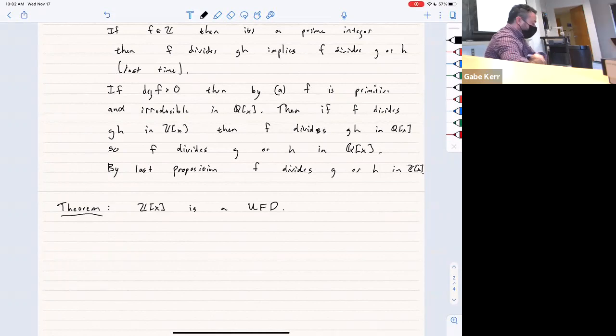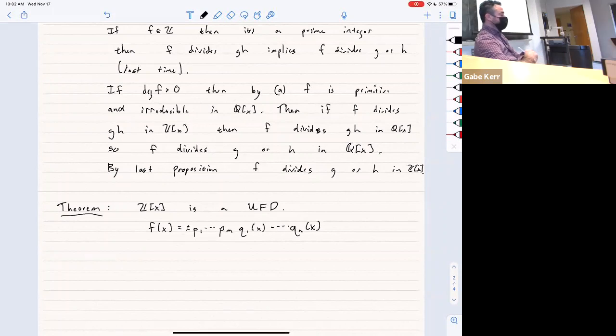Moreover, you can get the unique factorization. You can factor into prime integers and prime and irreducible polynomials. Sort of the unique factorization looks like this.